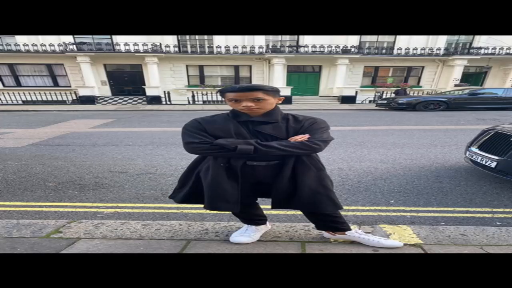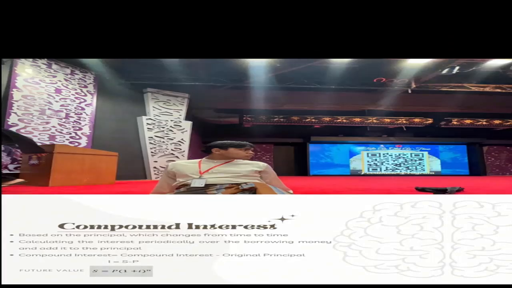Alright. Now, the topic that we both will be presenting is compound interest and annuity. So, moving on to the definition and formula. I will let Mohamad speak for the next one. So, compound interest. Compound interest is based on a principal which changes from time to time.